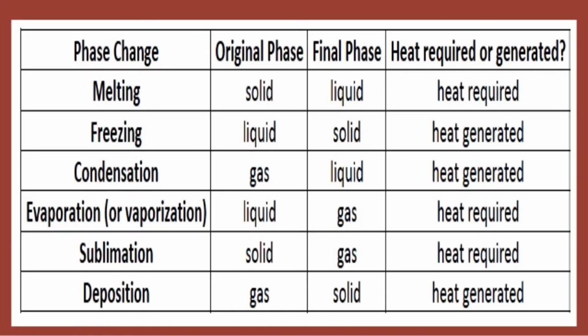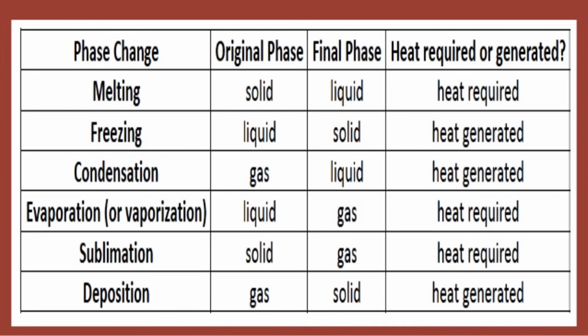Again, if you look at the table, this is how these three phases of matter change. Phase changes: original phase, final phase, heat required or generated. So melting, freezing, condensation, evaporation, sublimation, deposition. This is how matter changes. Melting: original is solid, then final, it turns into liquid.